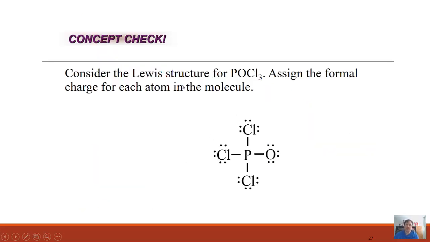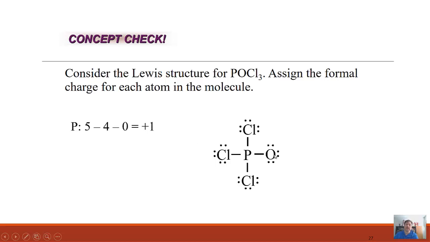Okay, so let's look at one more together. Let's start with phosphorus. Phosphorus has 5 valence electrons. It's got 1, 2, 3, 4 bonds. So 5 minus 4, and it has no unshared pair, so it's plus 1.